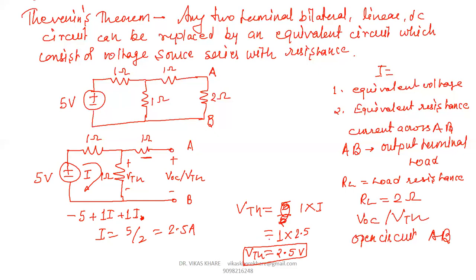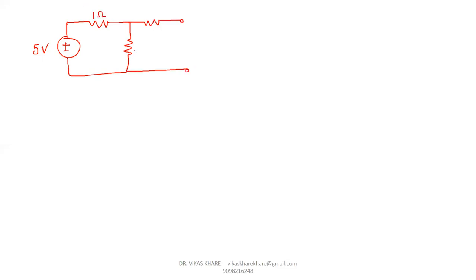So now we complete the first part, identifying the equivalent voltage. Now we go to the second part, to find the equivalent resistance. So again, 5 volt, 1 ohm, and 1 ohm.